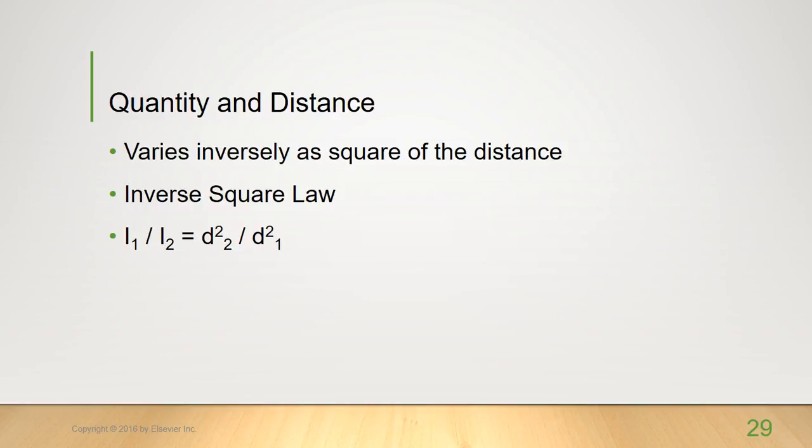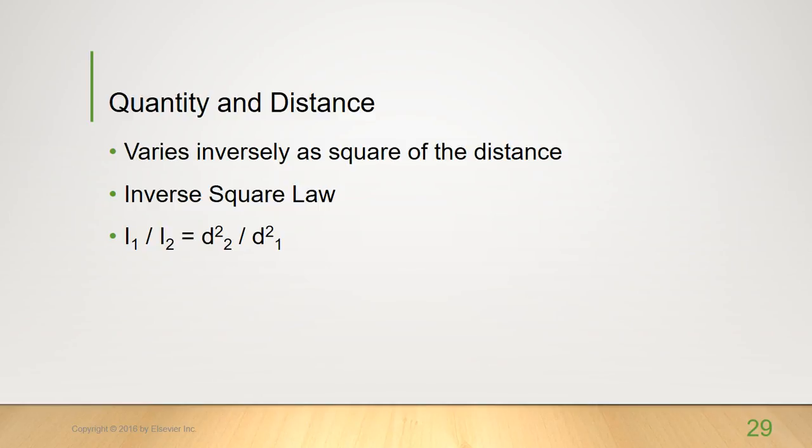Beam quantity is inversely proportional to the square of the distance, and that's the inverse square law. I'm sure you've already heard this particular term. The inverse square law states that the intensity of a beam is inversely proportional to the square of the distance from the source.